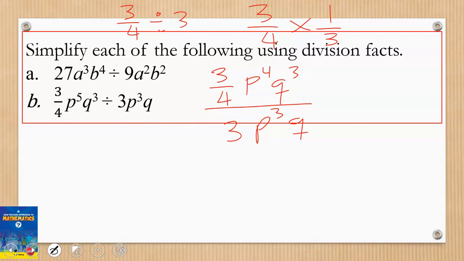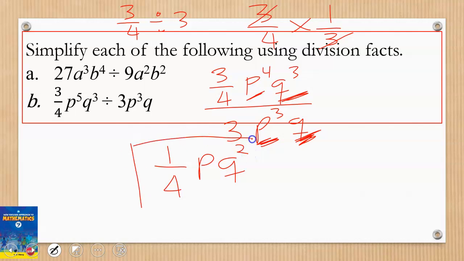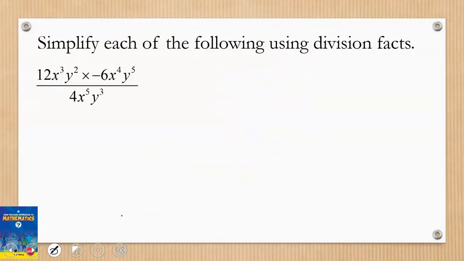When that is done, this is going to cancel this, leaving us with 1 divided by 4. Then for p, we have power 4 at the top and power 3 below, so we have p with exponent 1. Then q power 3 divided by q power 1 gives us q exponent 2. So that becomes our answer. I believe it's clear now. Good.